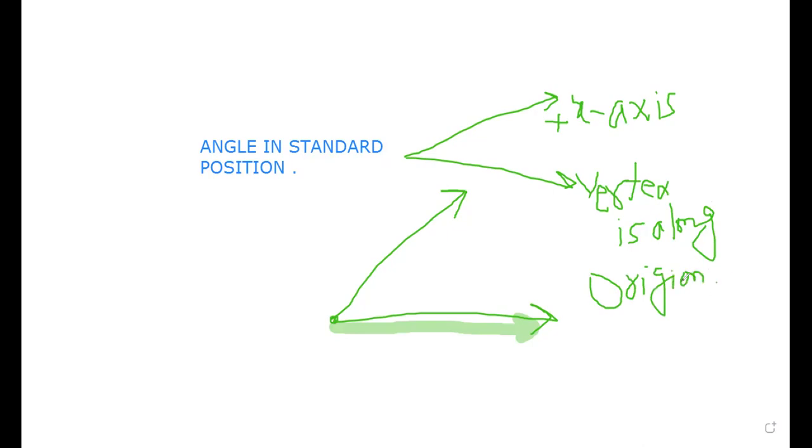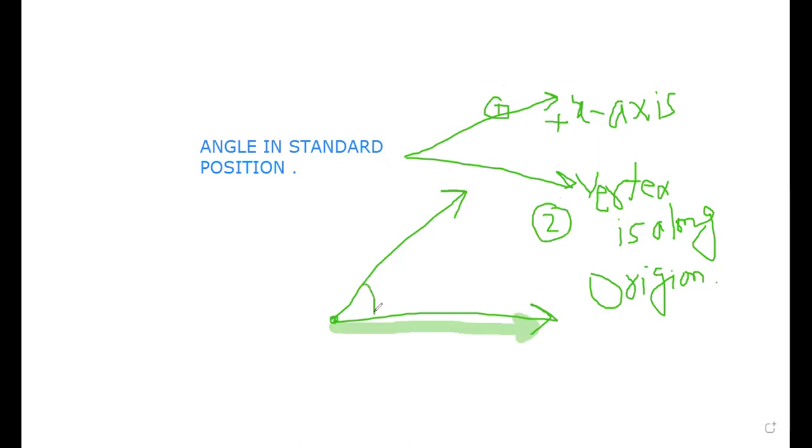This is called an angle in standard position. These are two properties. First one is it is always along the x-axis, and second property is the vertex is always at the origin.